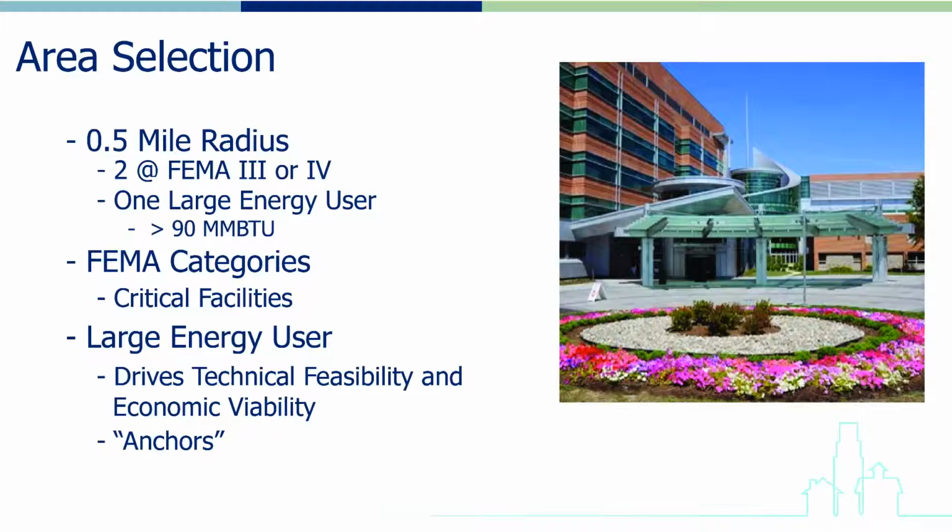Large energy users help drive the technical feasibility and economic viability of a microgrid. They are typically substantial facilities, like hospitals, that will likely remain within the community for the long term. They also consume large amounts of energy on a relatively constant basis, ideally 24/7.